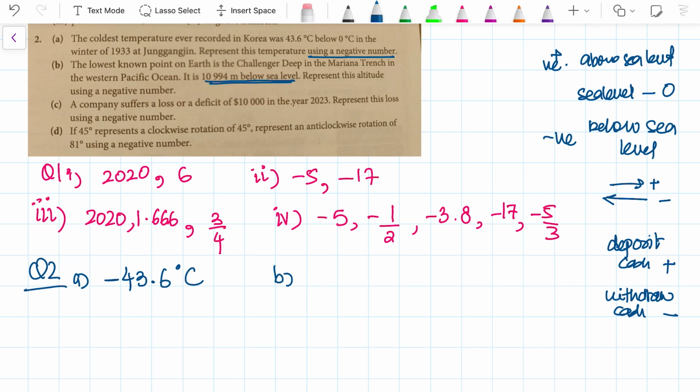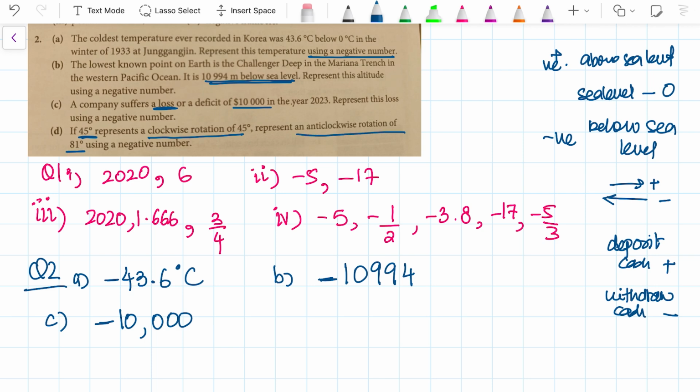So 10,994 below sea level means it's a negative 10,994. A loss means that it's a negative 10,000. If 45 degrees represents a clockwise rotation, represent an anti-clockwise rotation of 81. So a negative 81 will represent anti-clockwise rotation.